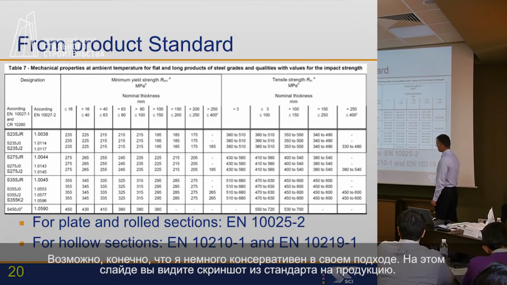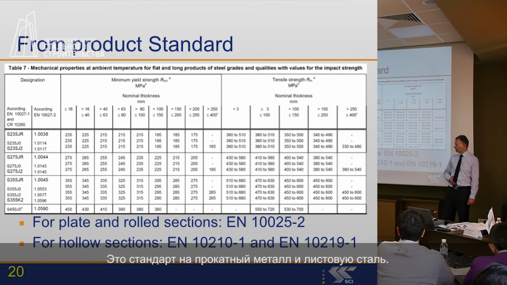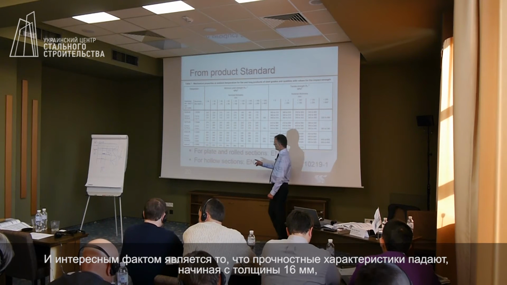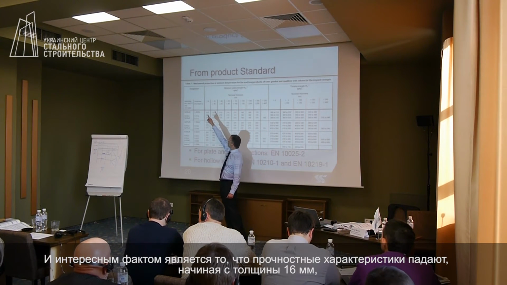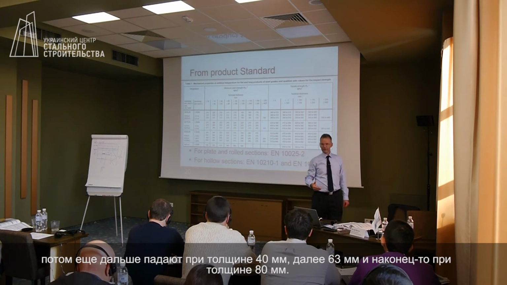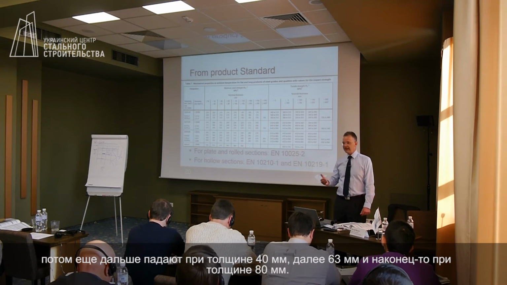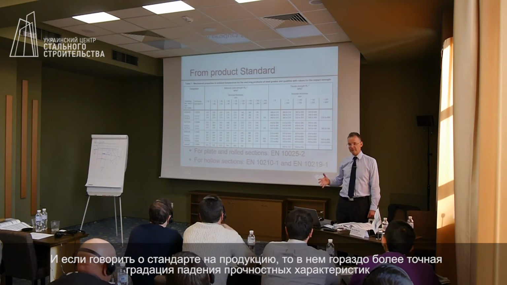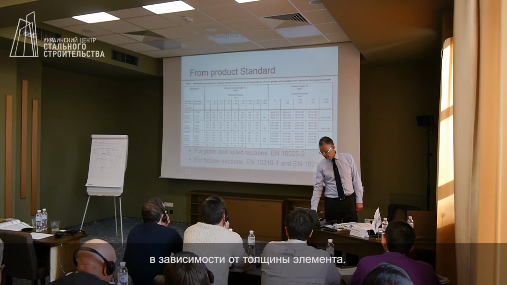There is a screenshot of the product standard. This is actually for rolled sections and for plate. And perhaps of interest is that the strength steps down at 16 mil, 40 mil, 63 mil, and 80 mil. So in the product standard, there are more steps than you would find in table 3.1.